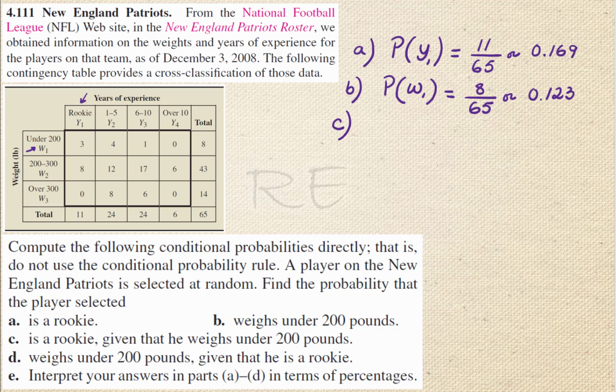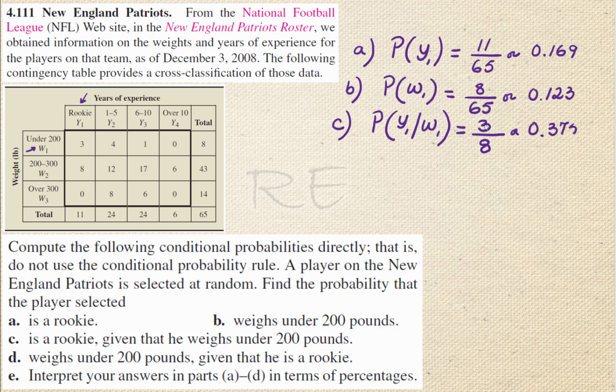C, P of the player being a rookie, Y1, given that the player is under 200 pounds, W1. So it's going to be P(Y1 and W1). We have 3 players that are rookies and under 200, divided by the total number of players under 200, which is 8.